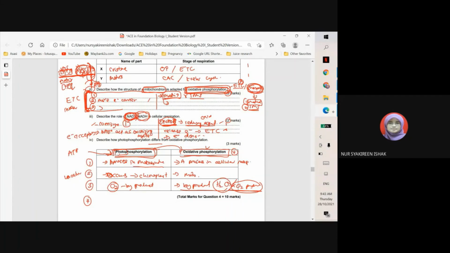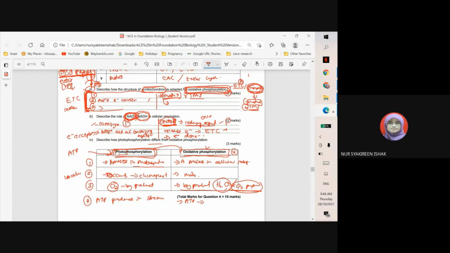Tapi kalau untuk oxidative phosphorylation, the ATP production occurs in the matrix of mitochondria.